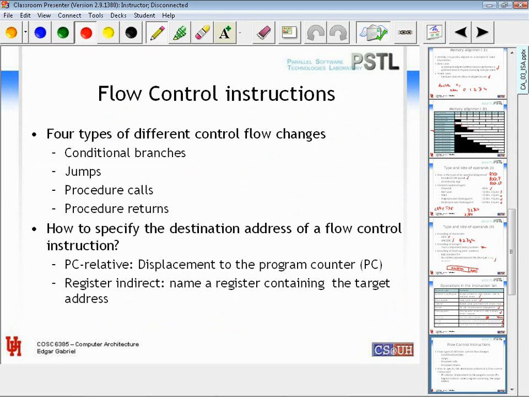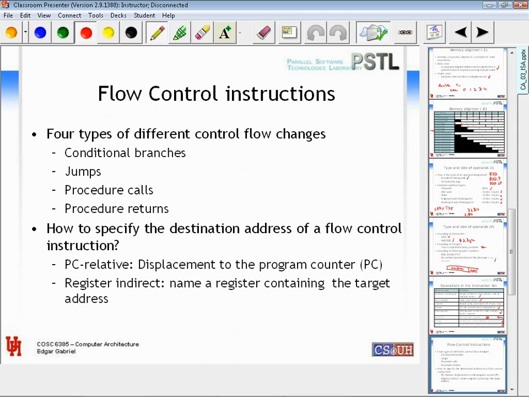So let's talk also a little bit more about flow control instructions. What are flow control instructions? Well, if you think about the regular code sequence, what really happens is that the compiler generates a series of operations that have to be executed by the processor, and the processor will really take one instruction after the other and execute it.